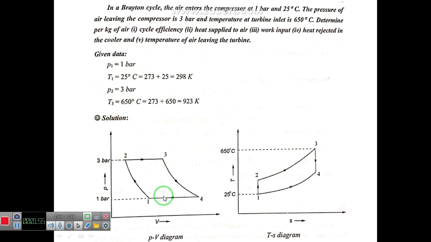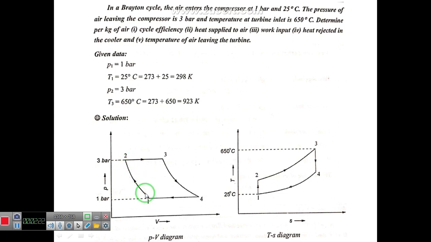So this is the PV and TS diagram. Here we have two constant pressure processes and two isentropic processes. 1 to 2 is the isentropic compression process, the compressor working in the 1 to 2 process.